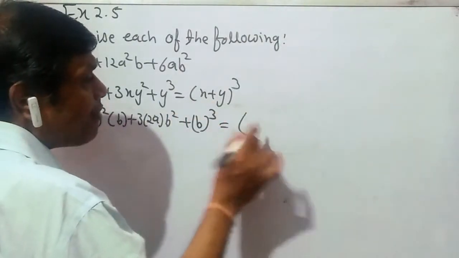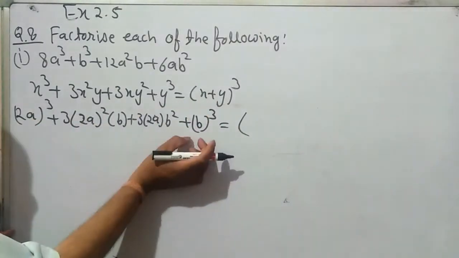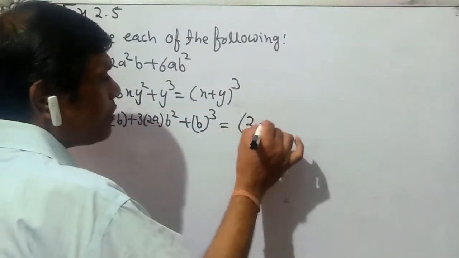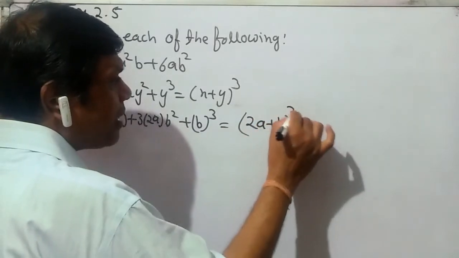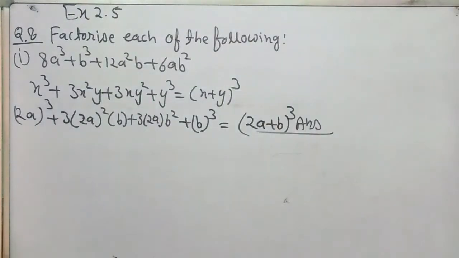So it can be written in the form of x plus y whole cube. What is x? Twice a. What is y? b. So it should be twice a plus b whole cube. By simply matching the individual terms with the identity terms, we can factorize these expressions.